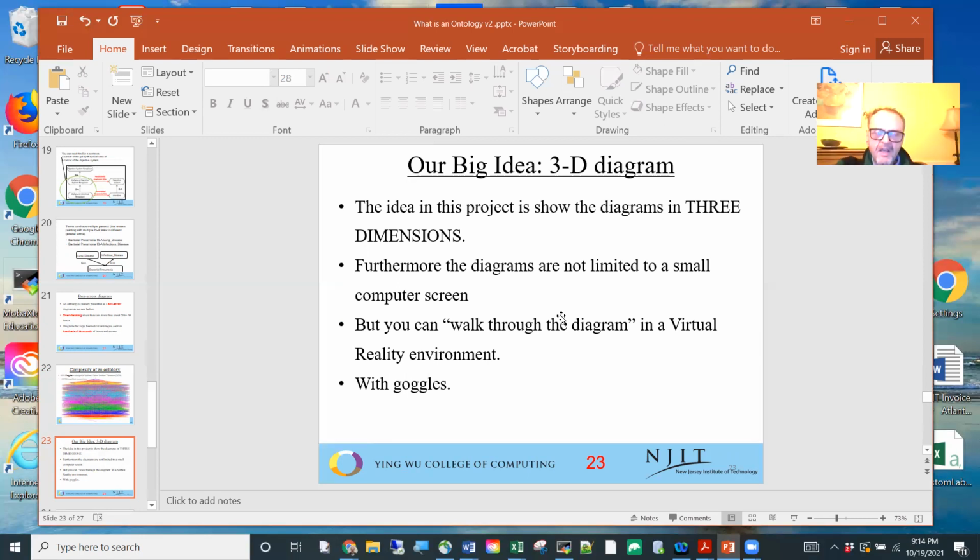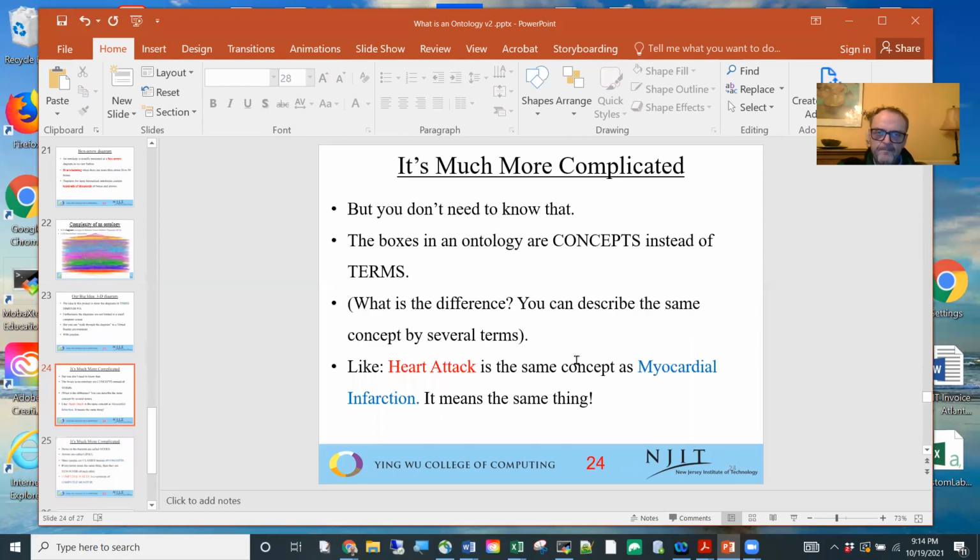And if you have never experienced this, you will, and it's actually a very, very exciting feeling that you can walk. I've literally walked through the streets of Rome standing in the lab in Newark in NJIT.